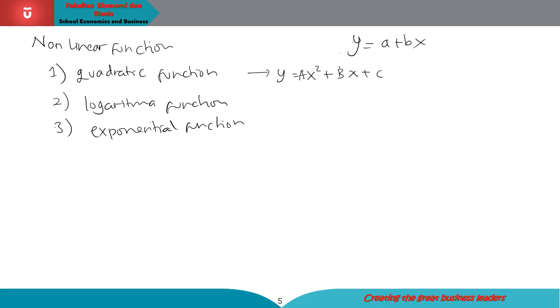So here x has a quadratic exponent. Cubic has 3 as the exponent, or x power 3 is the highest power, and other polynomial functions have a higher exponent in the independent variable.